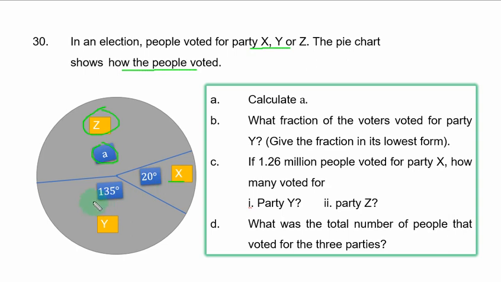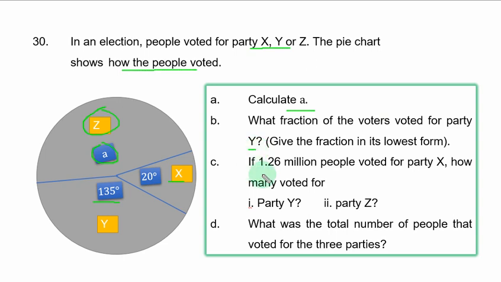Party Y, 135 degrees sectorial angle. A part of the question, calculate A, the sectorial angle for party Z. B, what fraction of the voters voted for party Y? Give the fraction in its lowest form.